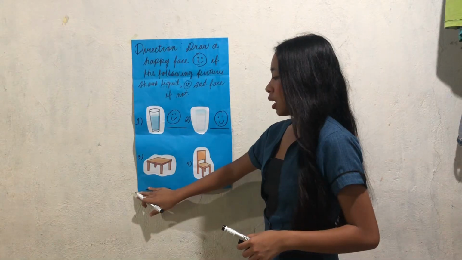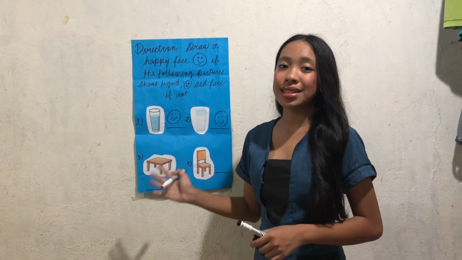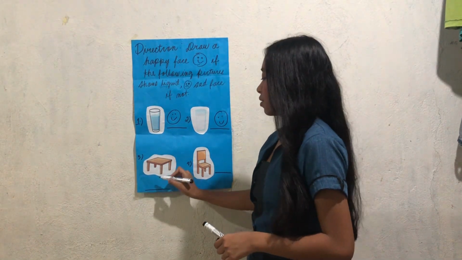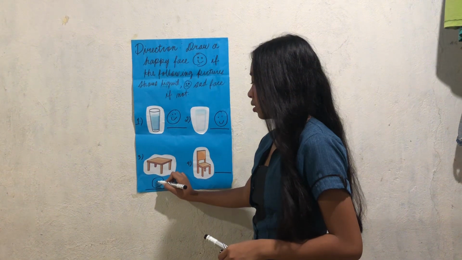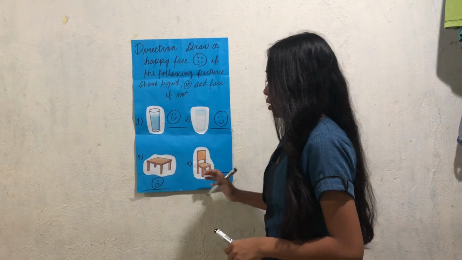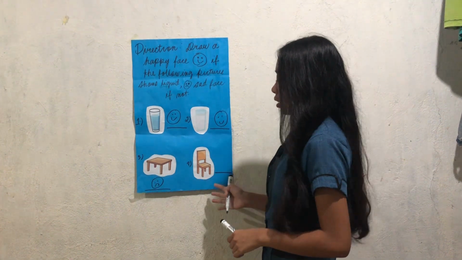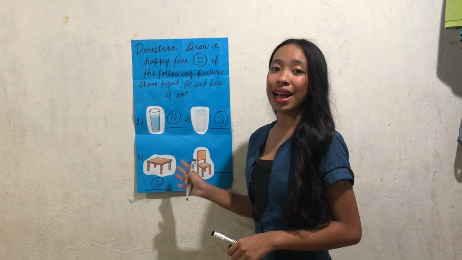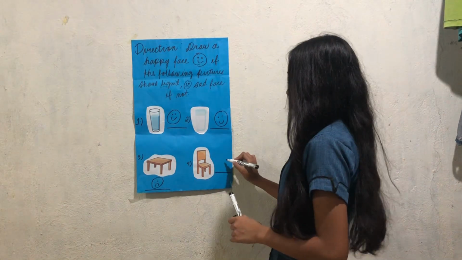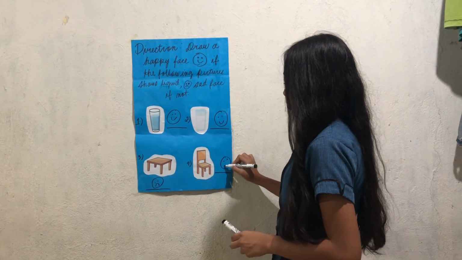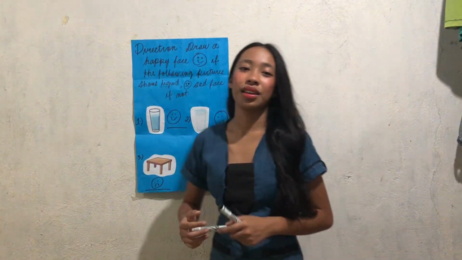Number 3, is it happy or sad? Sad, very good. Number 4, a chair. Is it happy or sad? Sad. Okay, very good, children.